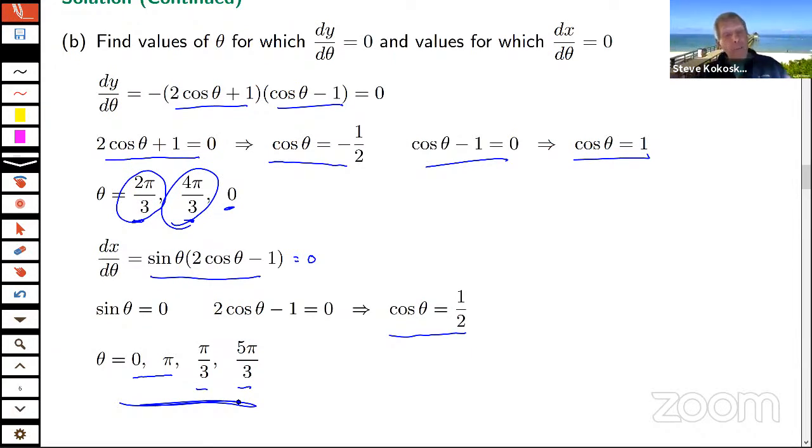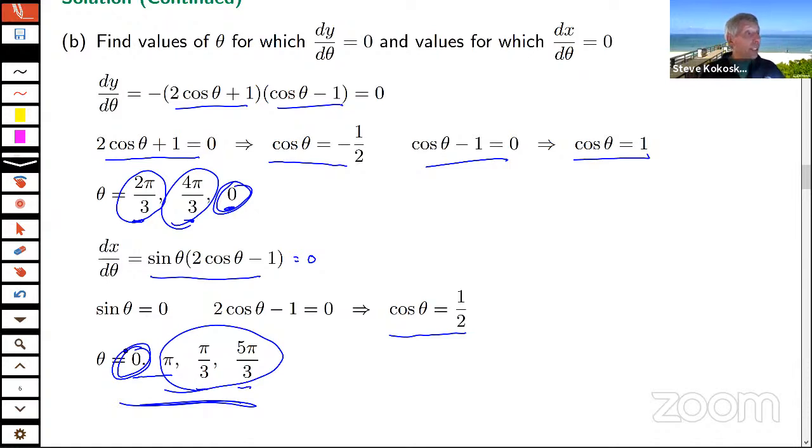So that means I definitely have horizontal tangent lines at those two values of theta. For these three values, I know that the numerator is non-zero. So I know I've got vertical tangent lines at those three values of theta. But now I've got this one issue where theta is equal to 0. I get both a 0 in the numerator and the denominator.